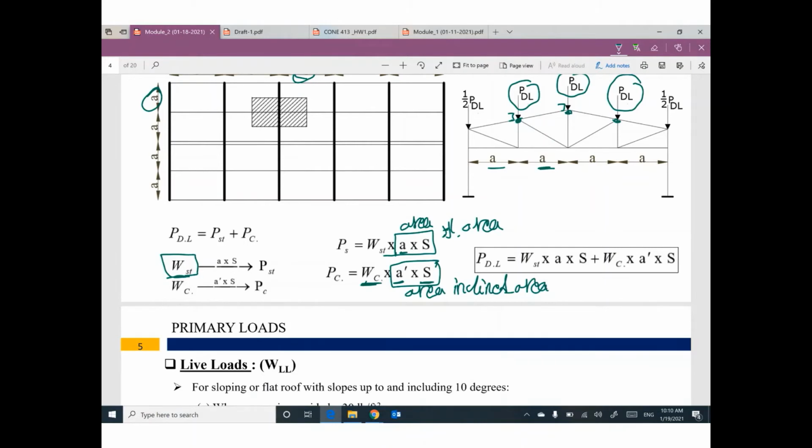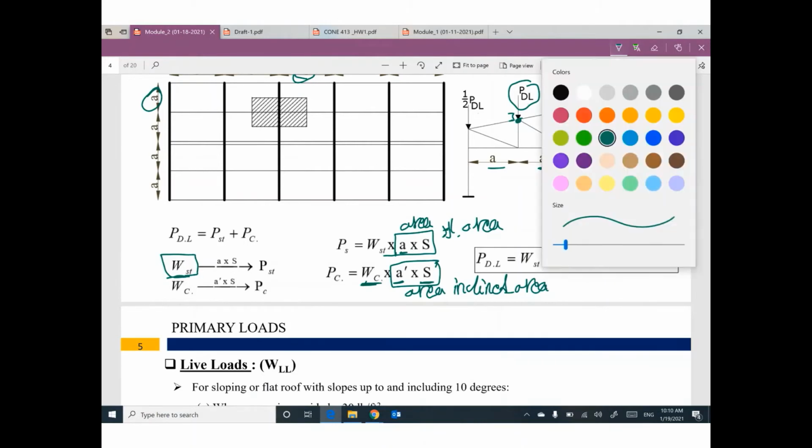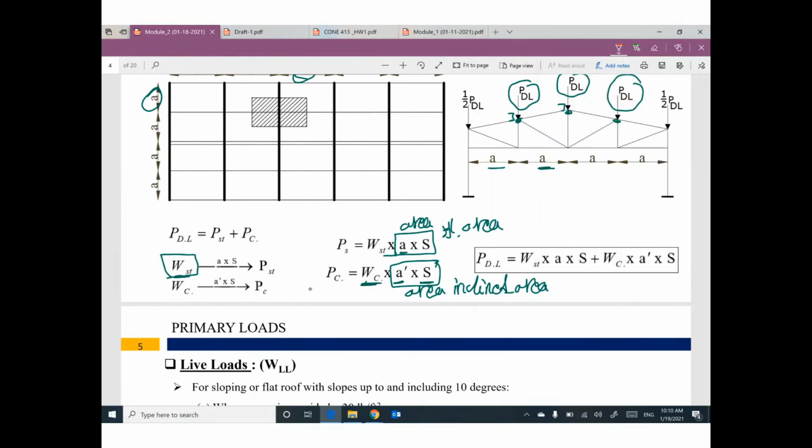I'm sorry, what do you mean by inclined? I will let you know. Inclined area means between this center line and this center line, this area. Horizontal area means between this center line and this center line, this is a horizontal area.